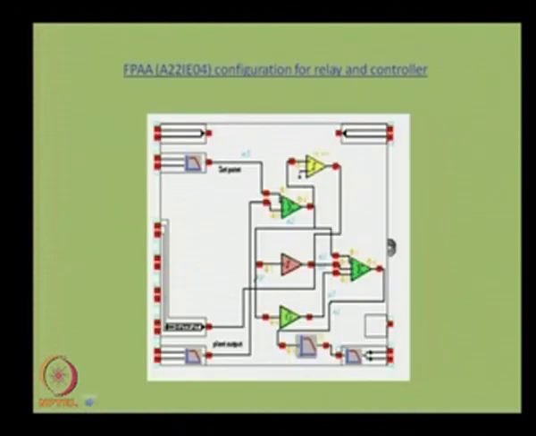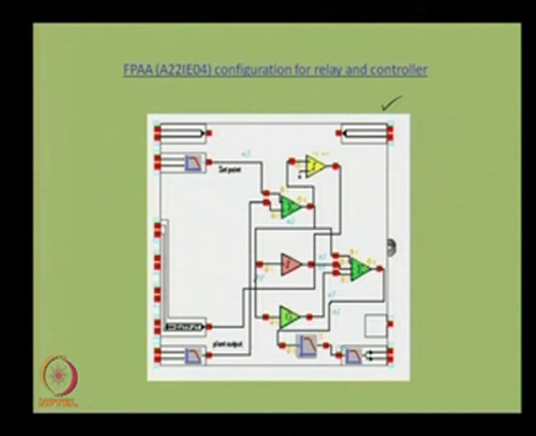In FPAA, field programmable analog array based controller design, one has to know the structure of FPAA based controllers. So, one has to go through the modules given in the package and then design FPAA based controllers.